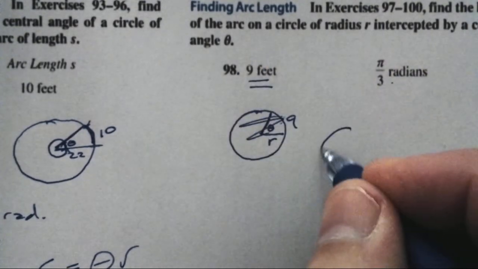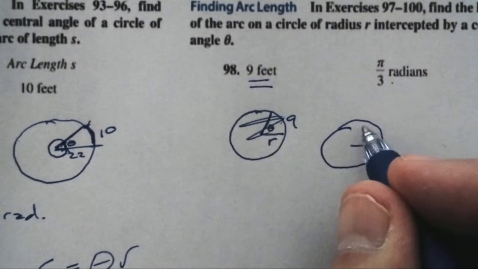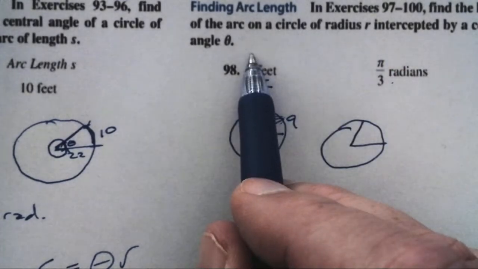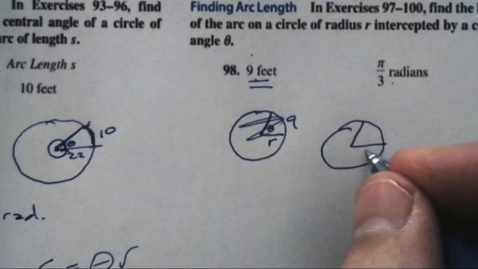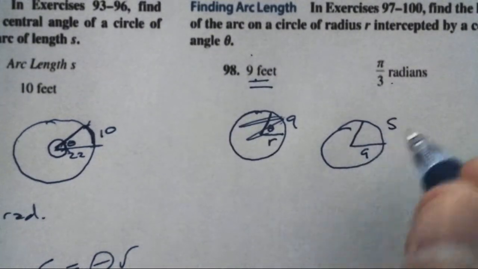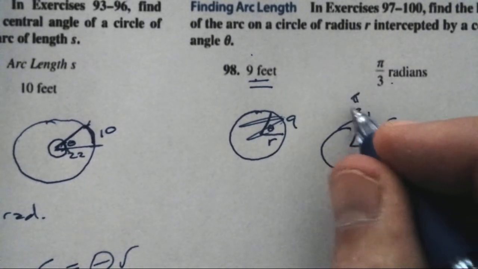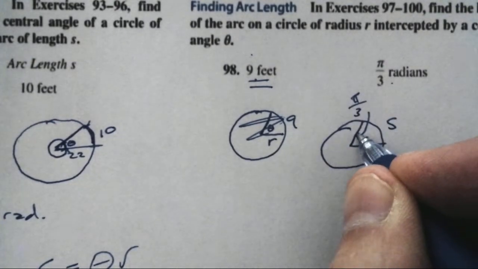Oh, I'm wrong, excuse me. This is r. I think we have an r equals in the column, and I've chopped this together. So this is 9. We're looking for S, and we've got an angle of pi on 3. I didn't try to draw it to scale, but it's not too far off.